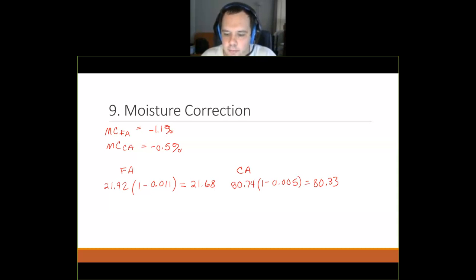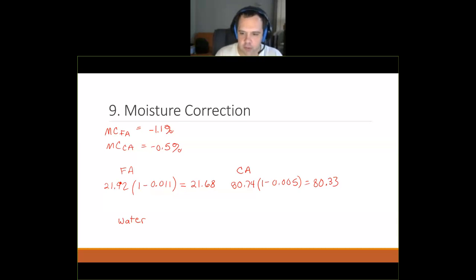All right. Now we need to do our water correction. And to do my water correction, I basically just have to figure out how much I adjusted the aggregate. So in both cases, I went down in the amount of aggregate in terms of weight. Okay, and to think this through, my aggregate is dry.